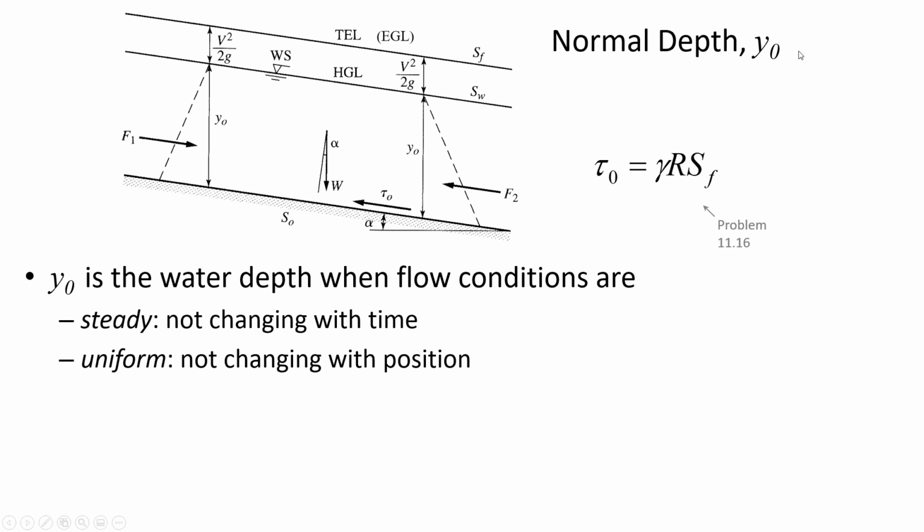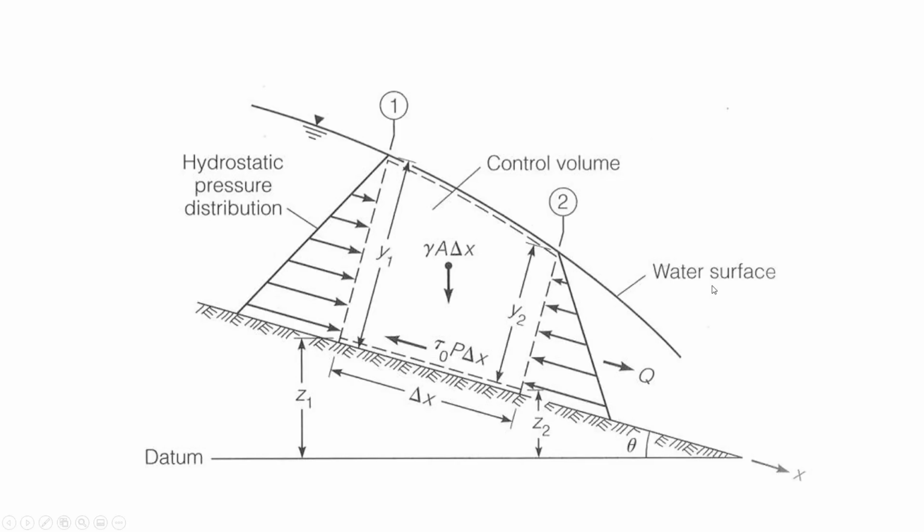So the normal depth, y naught, is not changing. You'll see here, y naught is at location 1, y naught is at location 2. Normal depth just means that the flow conditions are constant in the direction of flow. The same thing wasn't true in this illustration. In this illustration, which was non-uniform flow, y2 and y1 are different.